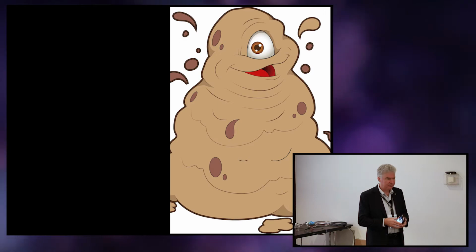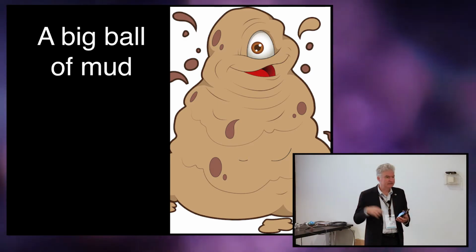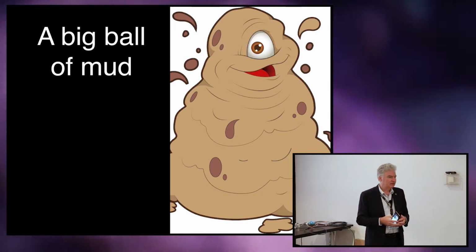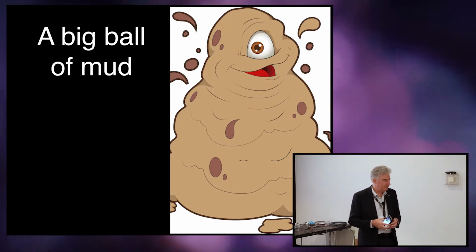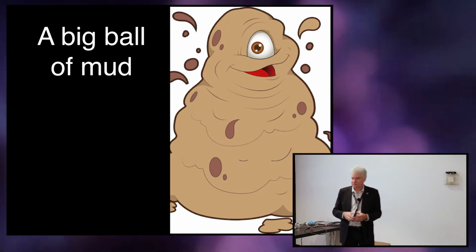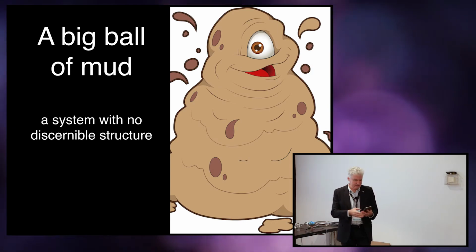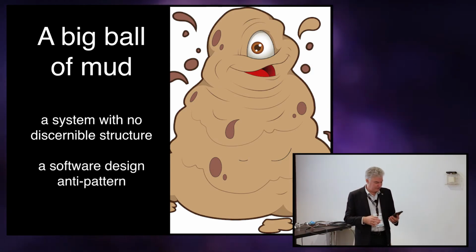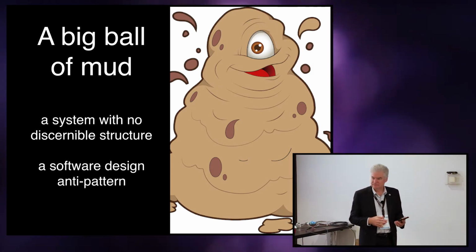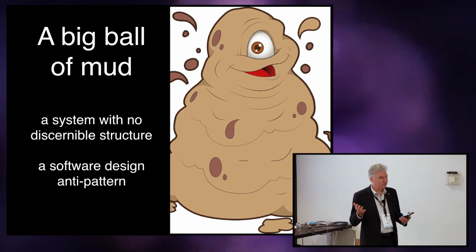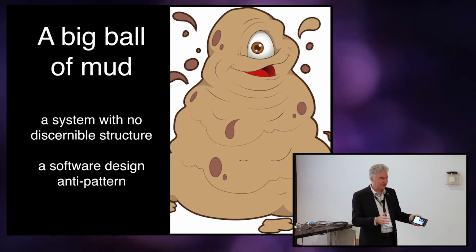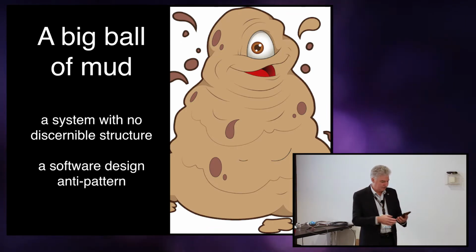The third outcome. Have people heard of a big ball of mud? It was written in a paper in 1999 about software. And it is a system with no discernible structure. It's a software design anti-pattern. So it is used as a software design, but it's an anti-pattern because it's chaotic.